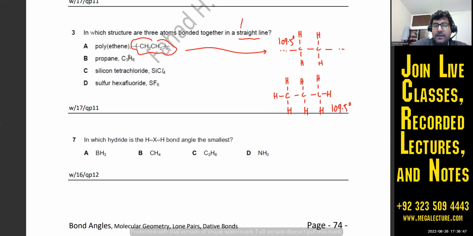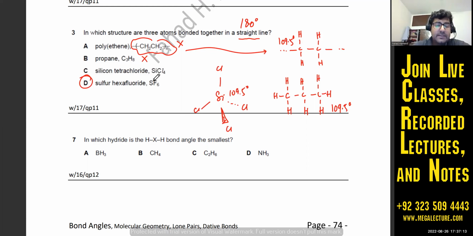So straight line में 180 degrees होने चाहिए. ठीक है. तो पहला भी गलत है, दूसरा भी गलत है. SiCl4 is 4 bonds. 4 bonds is by default tetrahedral again. So no angle is 180 degrees. They're all 109.5.